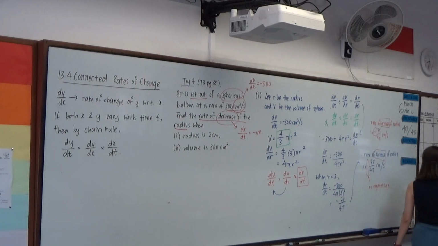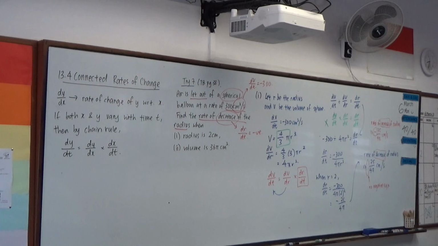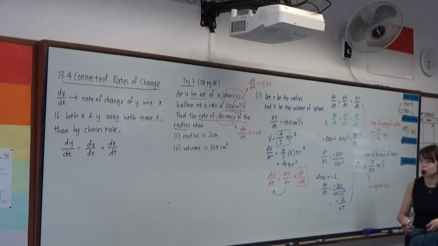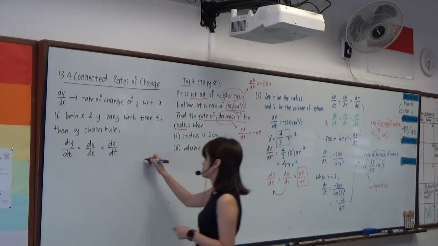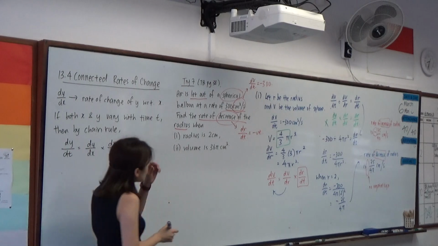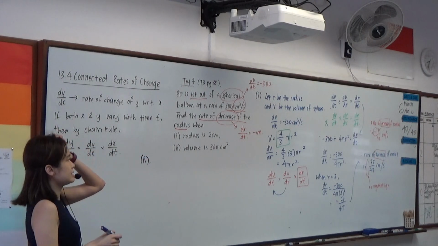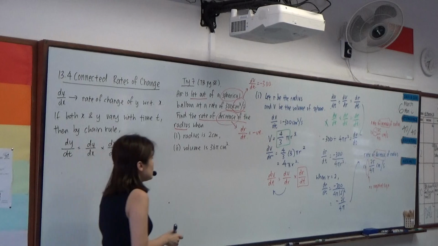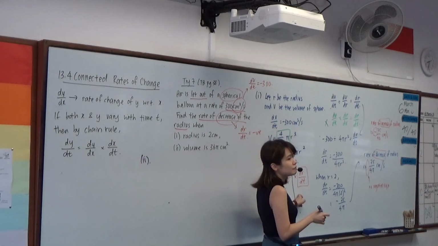Then we look at part 2. It tells us that the volume is 36 pi cm cubed. We are also trying to find dr over dt.